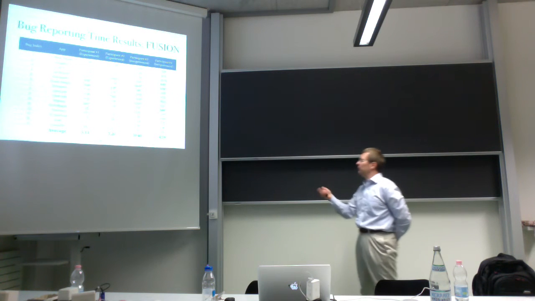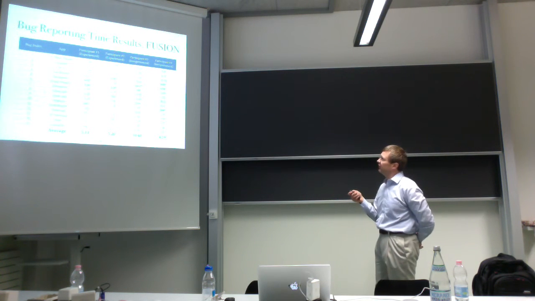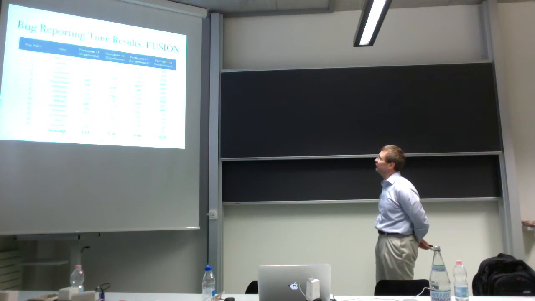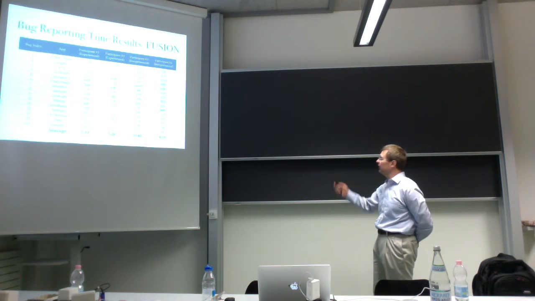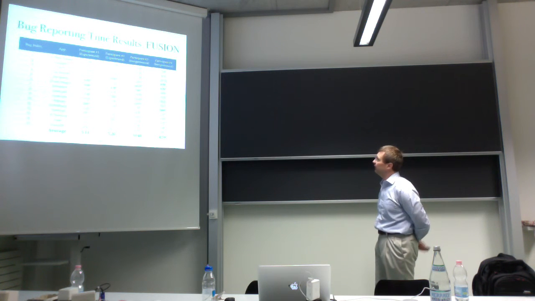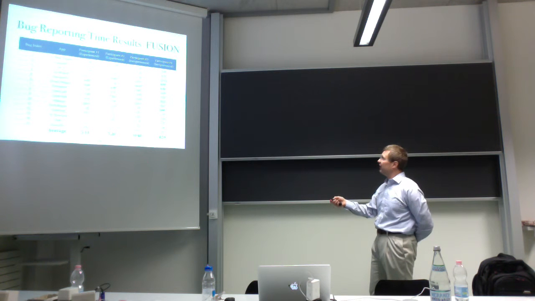And here, important thing to notice is we have participants who are experienced participants and also inexperienced participants. So what you can see immediately here, these are the results of Fusion, that for this guy, it took him on average slightly more to create the bug. This is not reproduce, but create the bug.